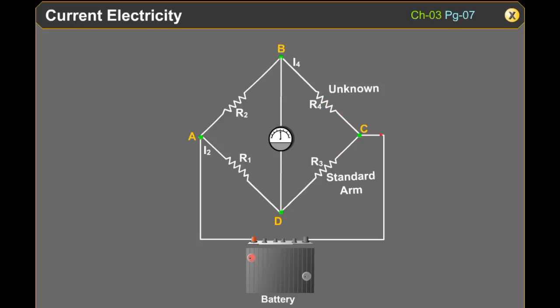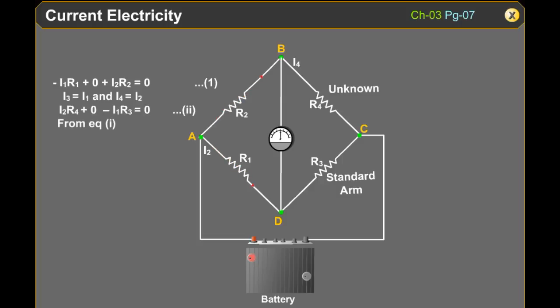The first loop gives minus I1R1 plus 0 plus I2R2 is equal to 0, as equation 1. The second loop, using I3 is equal to I1 and I4 is equal to I2, gives I2R4 plus 0 minus I1R3 is equal to 0, as equation 2.